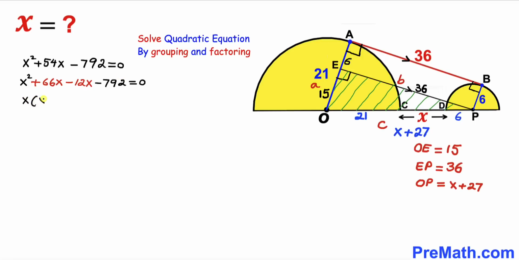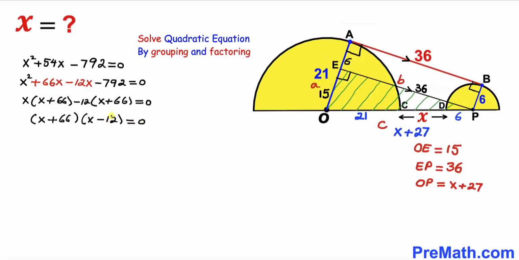It's going to give us x times (x plus 66) minus 12 times (x plus 66) equals 0. And now we can see x plus 66 and x plus 66 in common. So therefore we can factor out x plus 66, giving (x plus 66) times (x minus 12) equals 0.